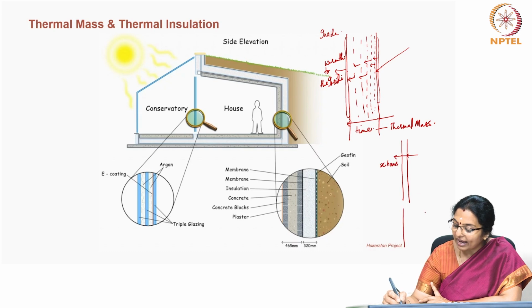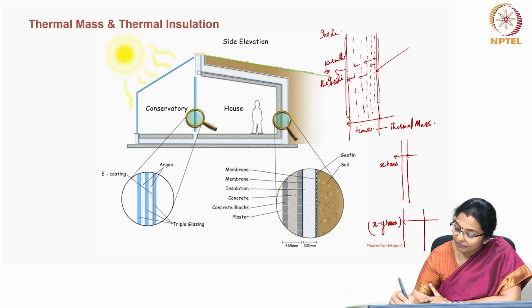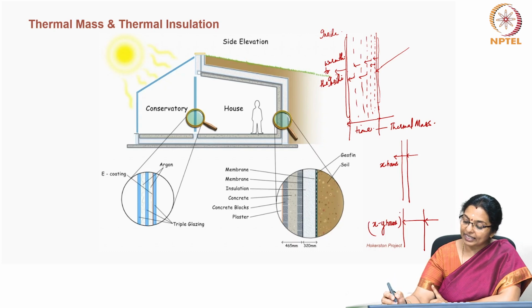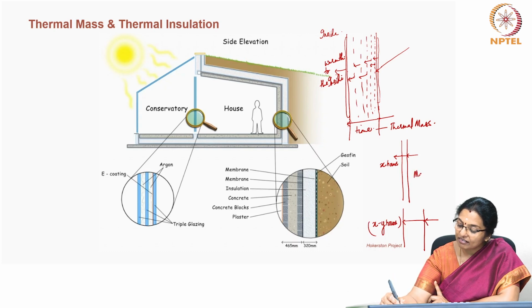But if you have a thicker wall, then this heat will reach here in X minus Y hours. It will take time for the heat from outside to reach inside. So, it depends on the thickness as well as it is a material property.